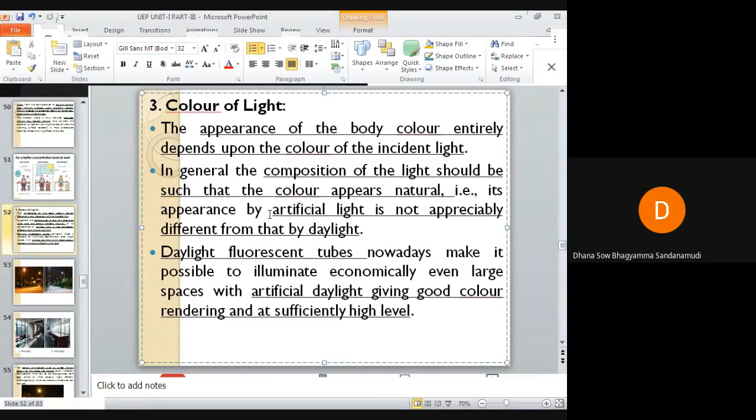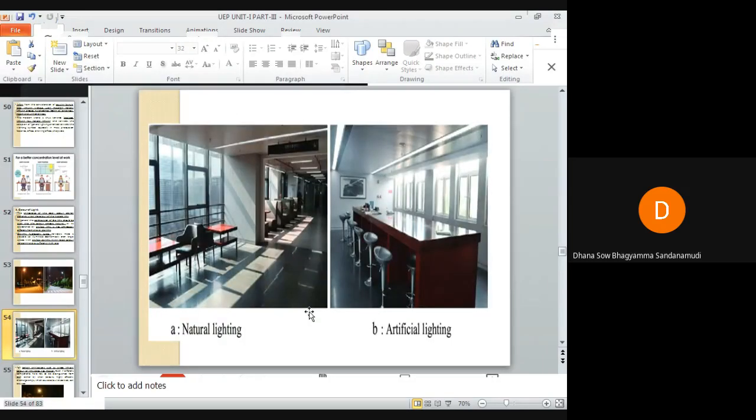Usually it is observed that in this modern era, whatever lamps we are using, the images almost look similar to what they look during the daylight. You can see here, in this room natural light is coming in. Similarly, artificial lighting is there in this room. They all are looking similar, isn't it?